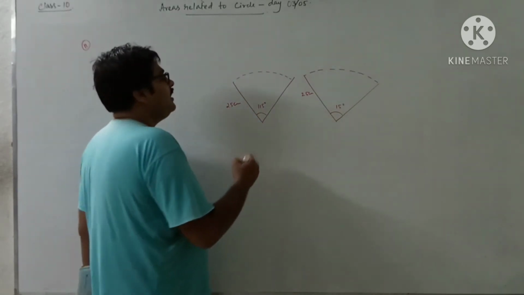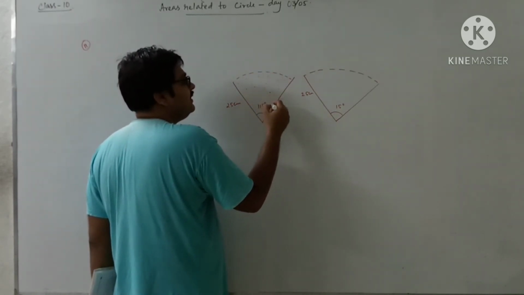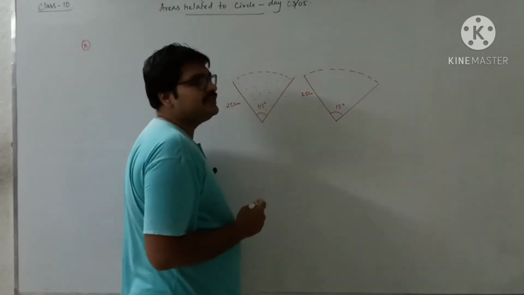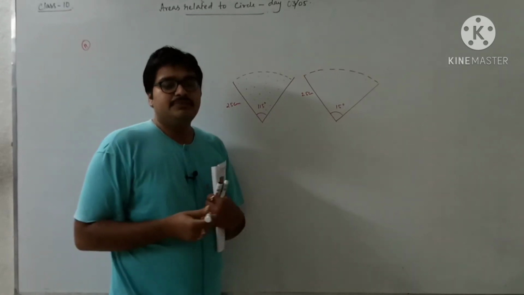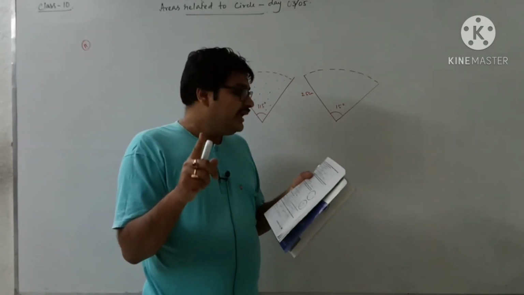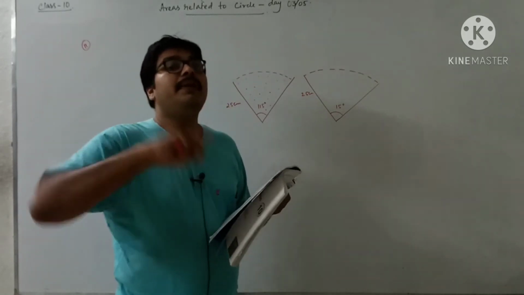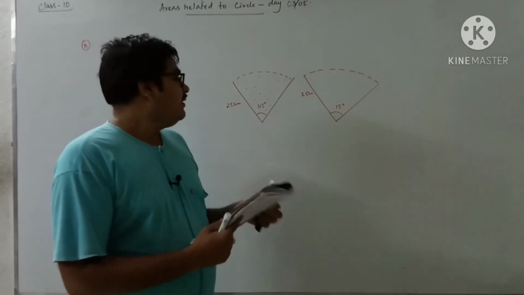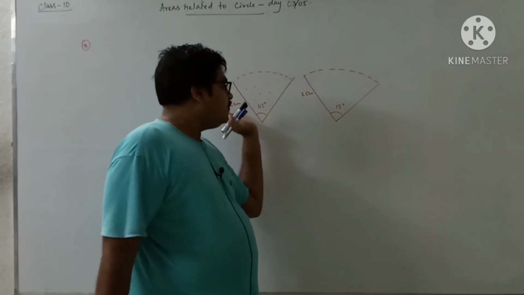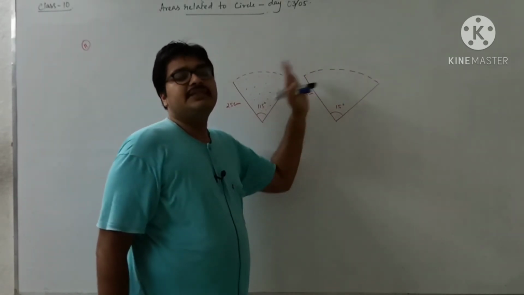So you have to find out the area of this sector, and you have to multiply it by 2 to get the area of the sectors for both the blades. Because you have to see the question, it has not asked for a single one. It asks to find the total area cleaned at each sweep of the blades, not the blade. So this blade and this blade at one sweep cover how much area?